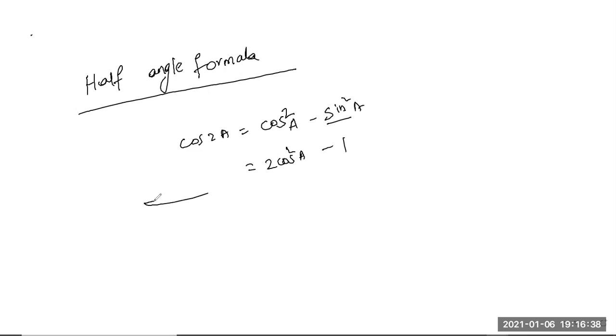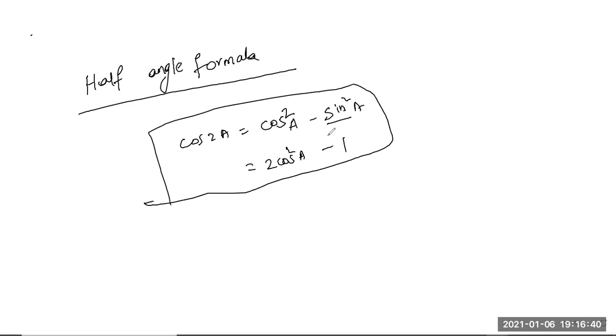Suppose instead of this, if I want to convert only cos a in terms of this, I can write cos a as cos 2 into a by 2. So in this case it is 2 cos square a by 2 minus 1, right?